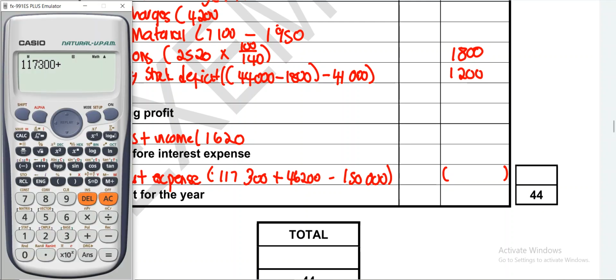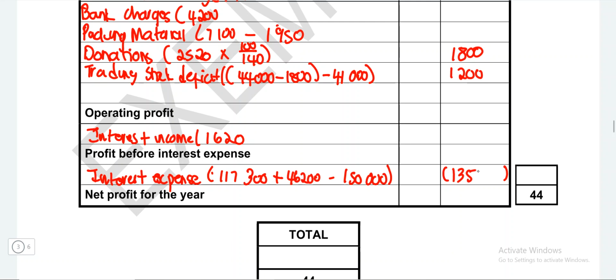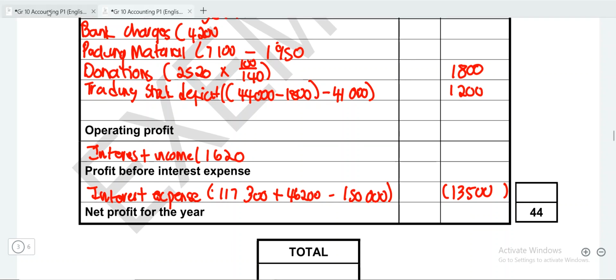So we'd say 117,300 plus 46,200, and then we subtract 150,000, and then the amount that we're getting according to this is still 13,500, and you will have your correct 3-4 marks here for doing this. Okay, very important for you to practice that type of transaction.